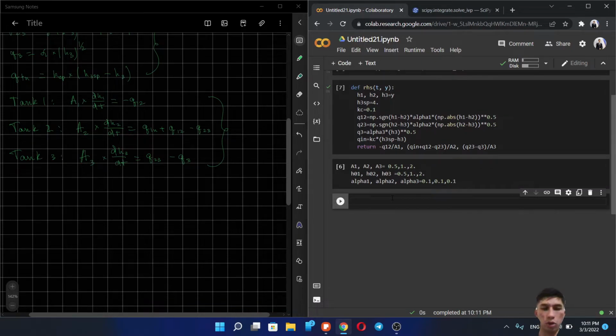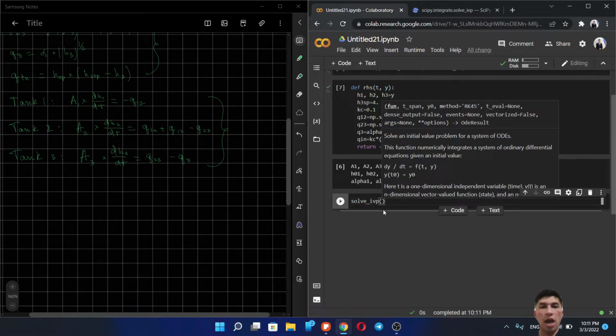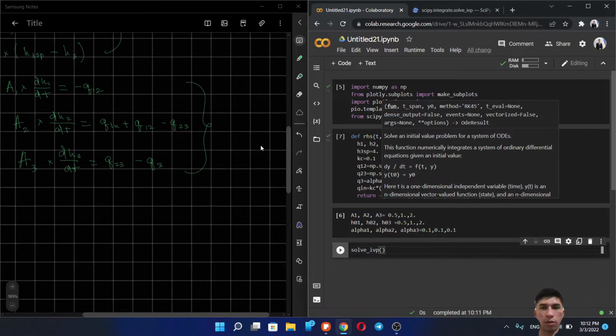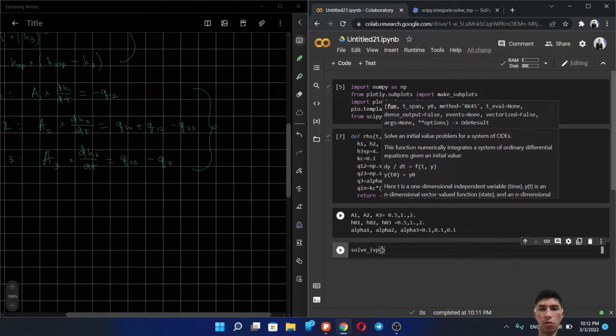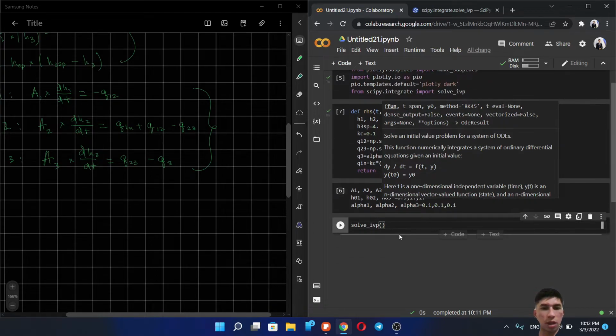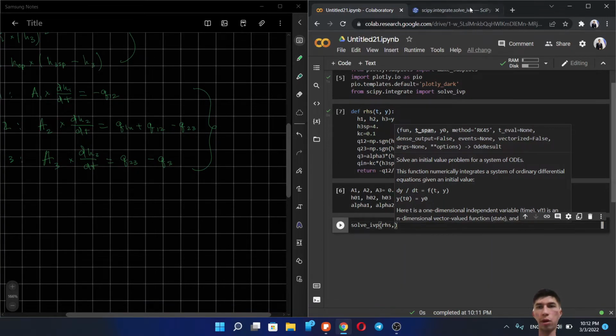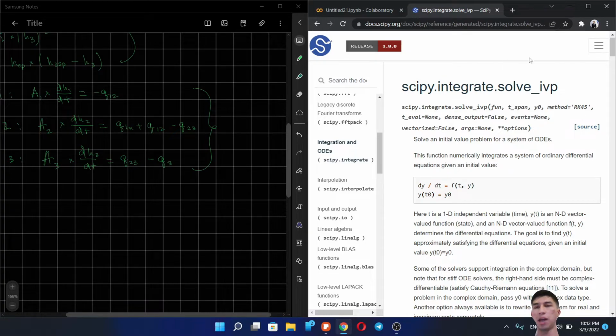Now we can use the solve IVP function, and it has to take our right hand side function. Then we need a time span.